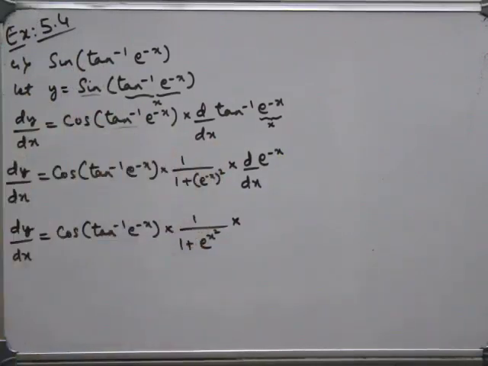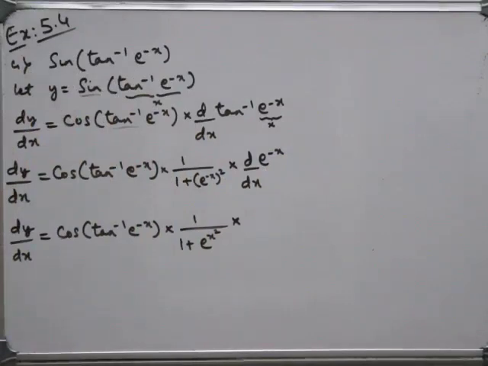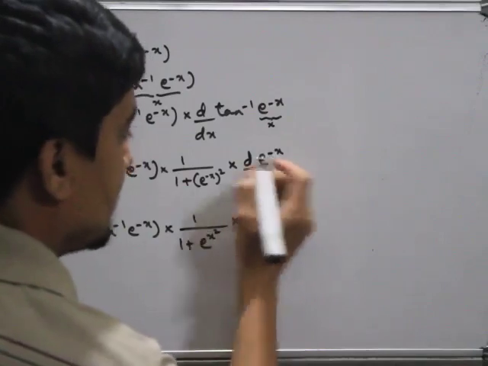See, differentiation of e power x is e to the power of x, the same thing, but here we have minus.